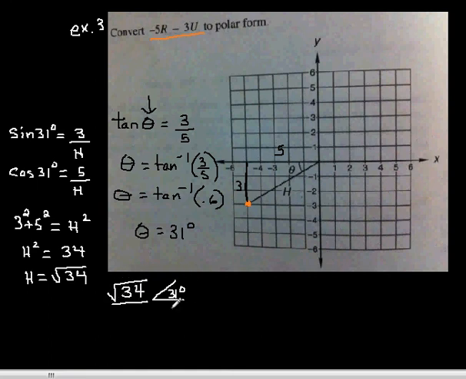Now anyone see why 31 degrees is incorrect for this? Think about it. I'm just going to erase that because it's so wrong, and I'm going to show you what's wrong with it.